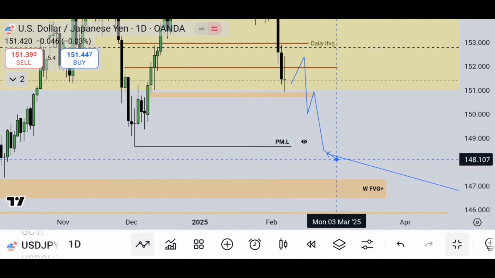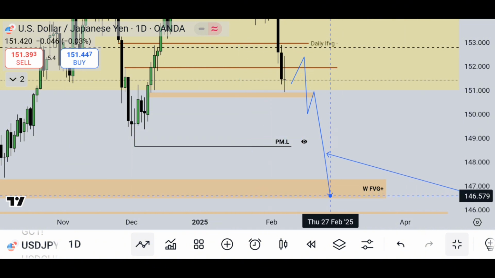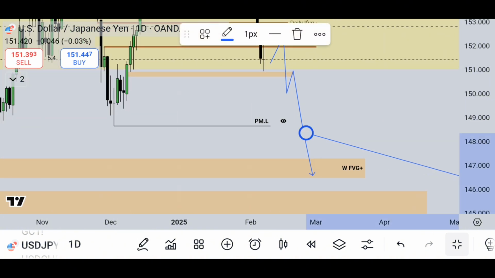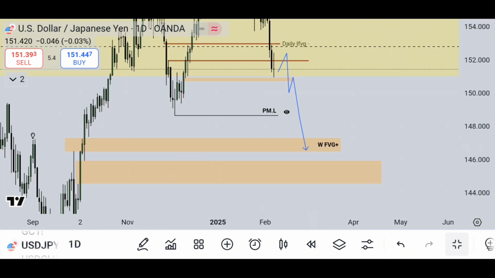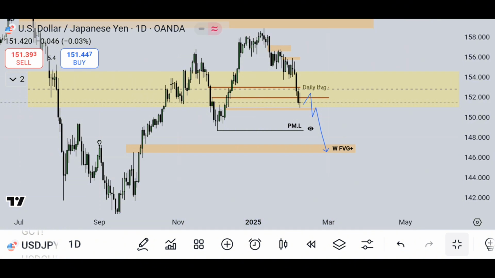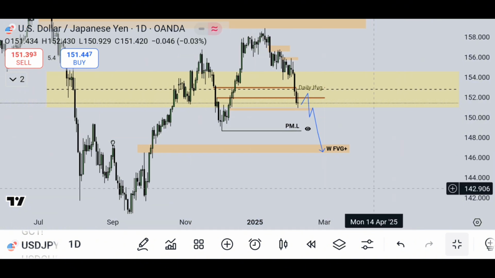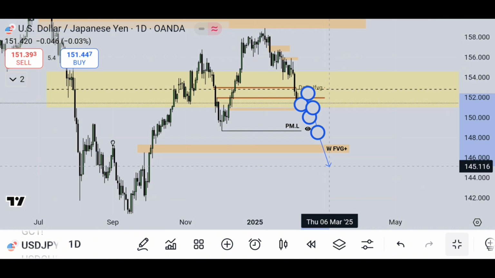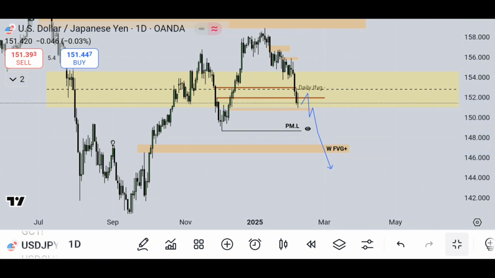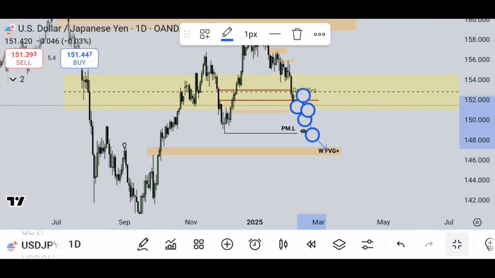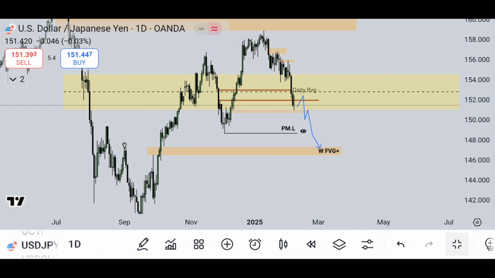Or those more patient people, you can hold to that weekly FVG. Remember, it's where we're holding, and if price is too bearish, it may also come to retest this daily FVG, but that's not the case. I would also hop out from the weekly FVG.